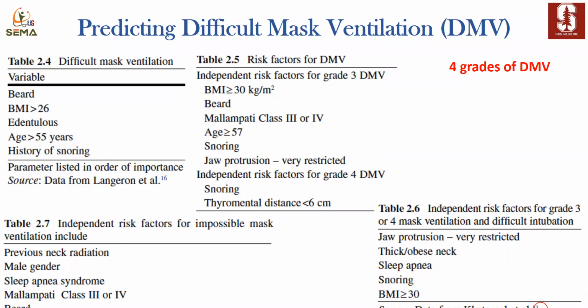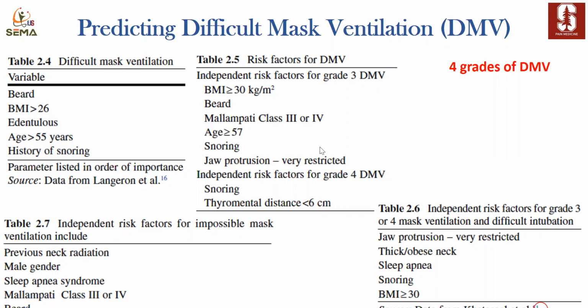So as you see, different studies came up with different predictors, but you will see there are a few things in common between these studies. For example, if you have a patient with a beard, obviously an obese patient, an edentulous patient, a patient with a history of snoring or OSA.